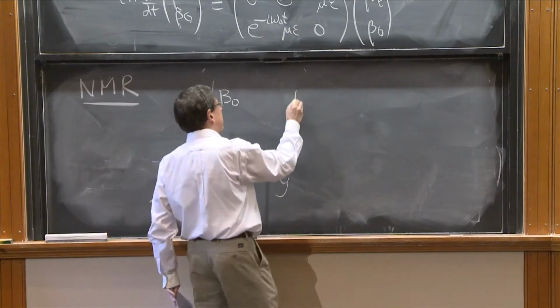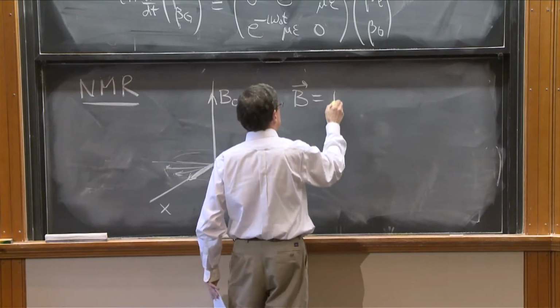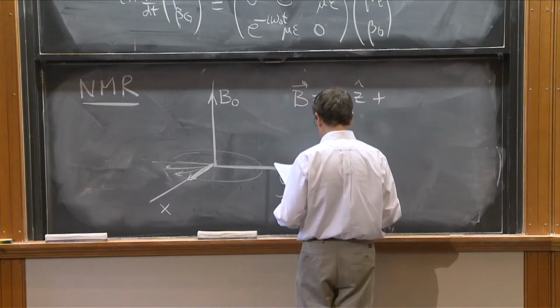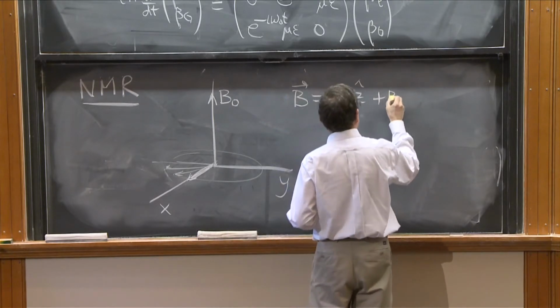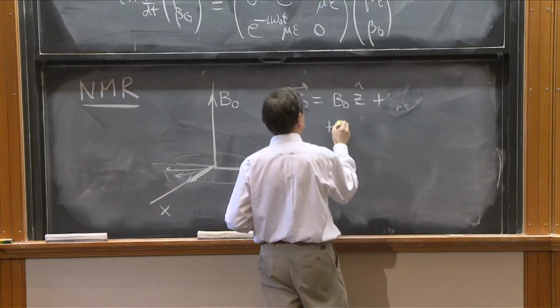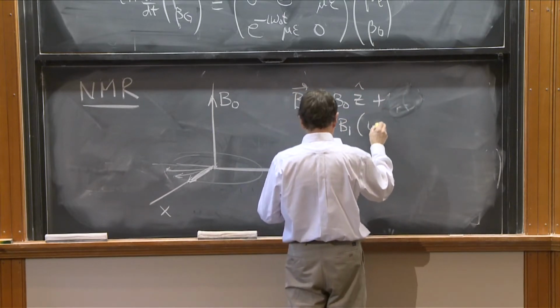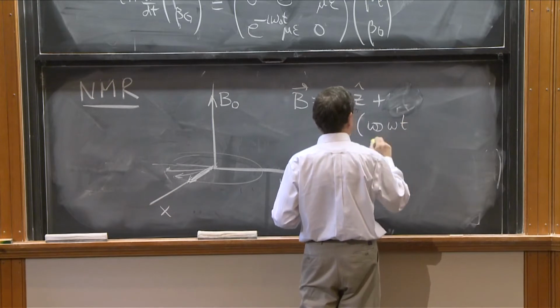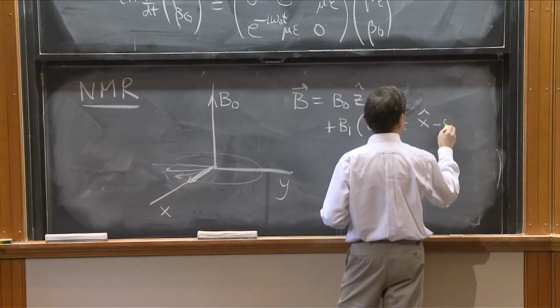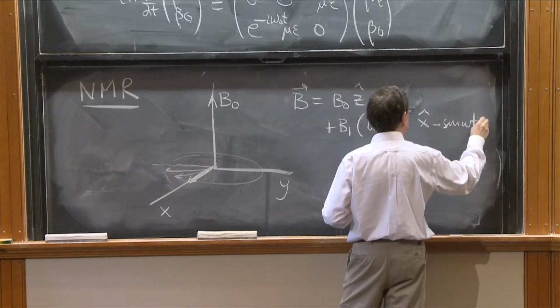So the total magnetic field is B naught z hat plus some number B1, and I'll write it here, plus B1 cosine omega t times x hat minus sine omega t times y hat.